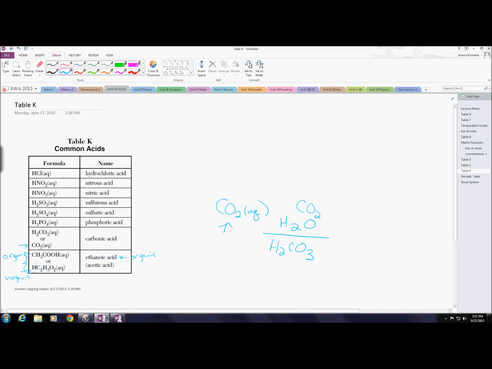The H is the positive ion. That C2H3O2 was the acetate polyatomic ion. So as a compound, this one gets called hydrogen acetate, so commonly called acetic acid. When we dilute acetic acid in water, it's called vinegar. So vinegar is nice diluted acetic acid.